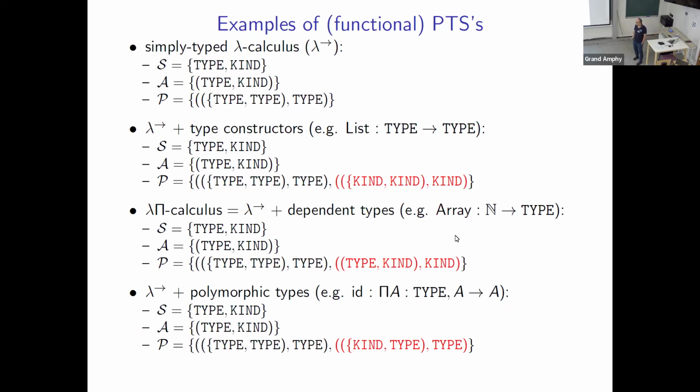The simply typed calculus, the rules are only using types, so do you really need the kind sort? That's a good question. We need the kind just to type a big type, but actually, it's not really. So if you remove kind from the sorts and from the axiom, you still... I don't recall the rules.